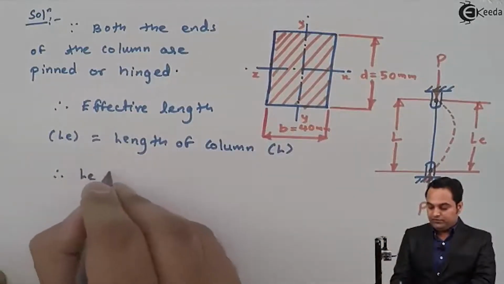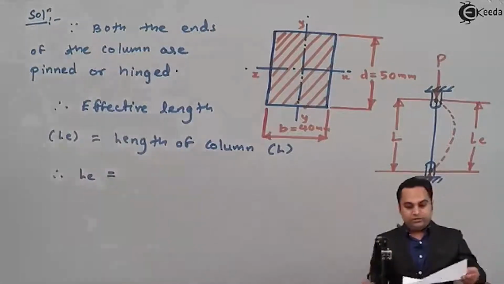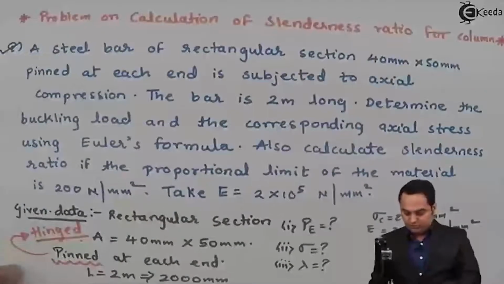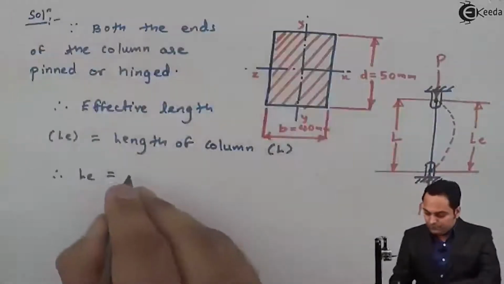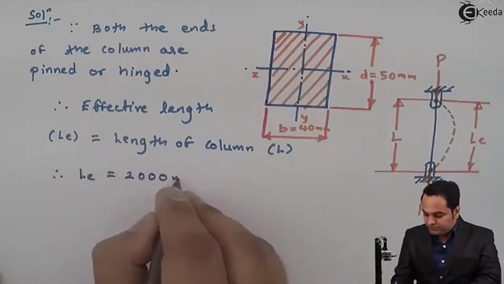So here we have effective length equal to the total length and the column length is 2000 mm.